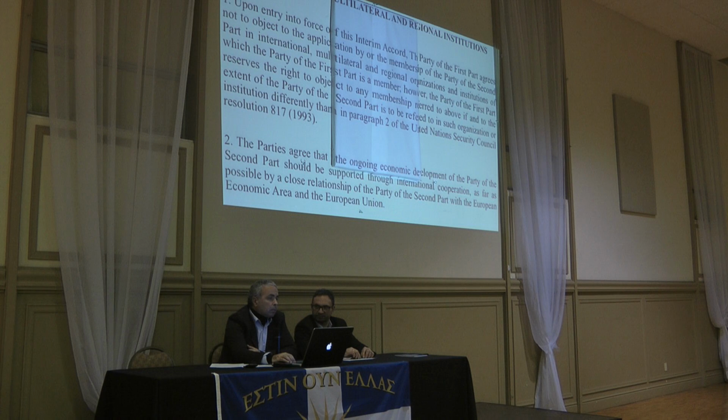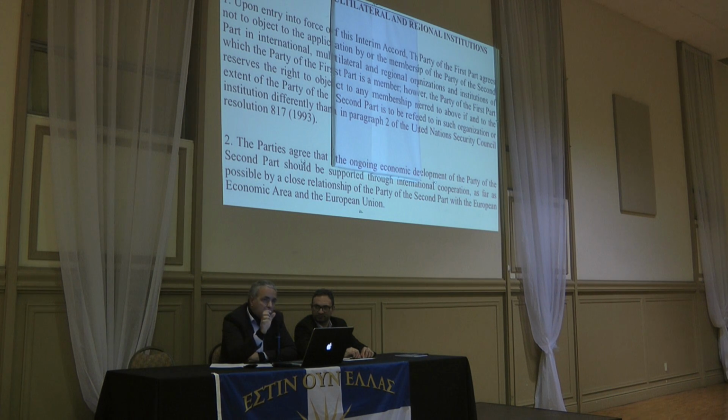Let's say, okay. So does Greece have the right to put a veto against FYROM? No, of course not. You can read it. In fact, Greece has the right to put a veto in just one case, if FYROM changes its name.